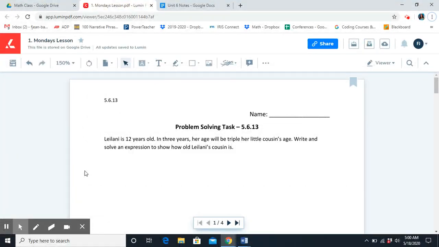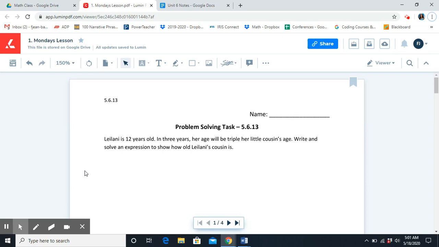Welcome back. So let's start by reading through and figuring out how to represent this problem as an expression. How can we represent this scenario as an expression? So we know that Leilani is 12 years old.